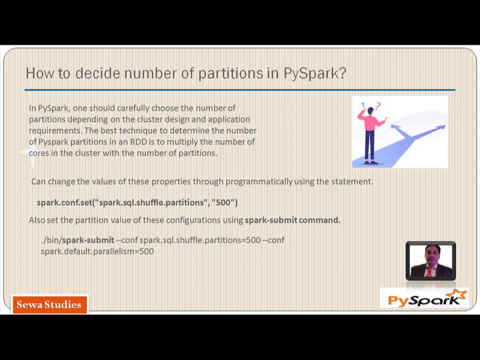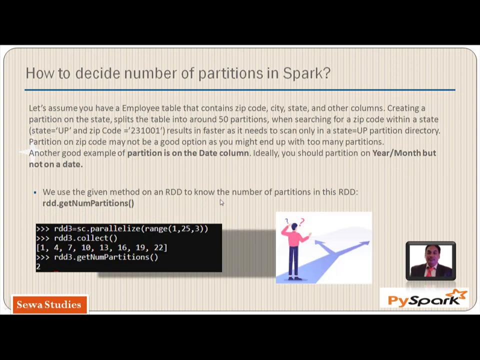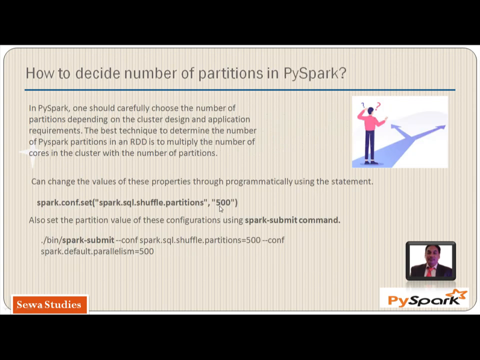You can change the value of the property programmatically using these statements. You can also change the value of the partitions: spark.conf.set spark.sql.shuffle.partitions, and you can put the number of partitions here, that's 500.